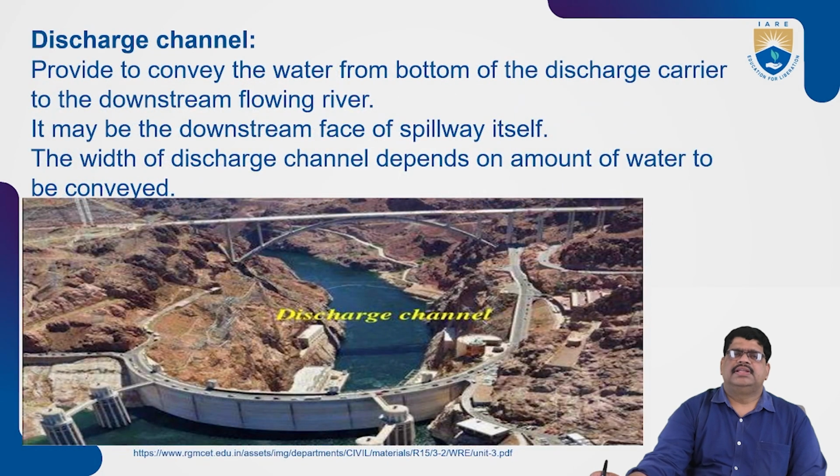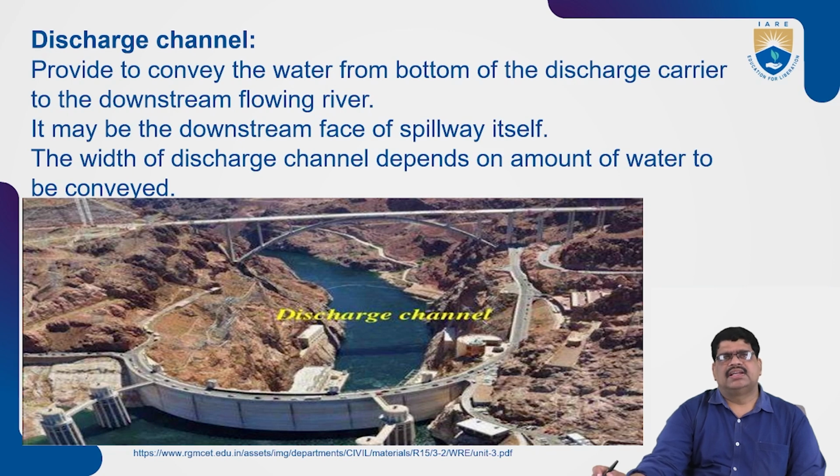The next one is the discharge channel. In the previous part was the discharge carrier, and now it is the discharge channel. The discharge channel conveys the water from the bottom of the discharge carrier to the downstream of the flow of the river. It may be downstream, or on the face of the spillway itself.